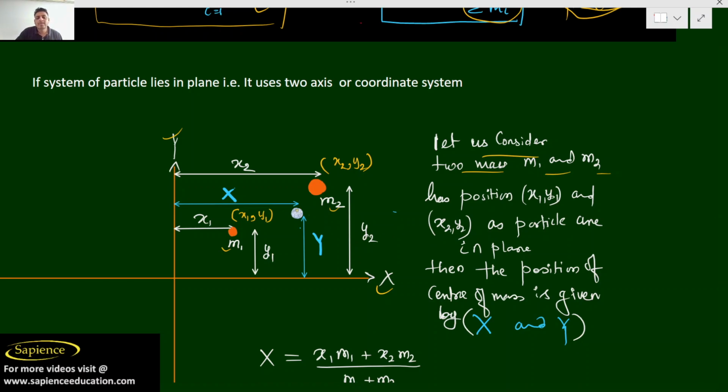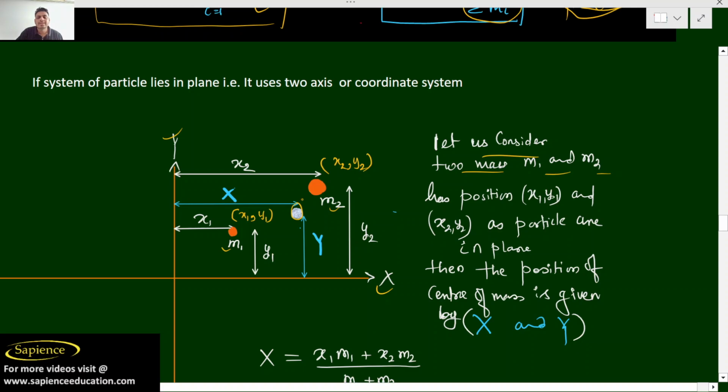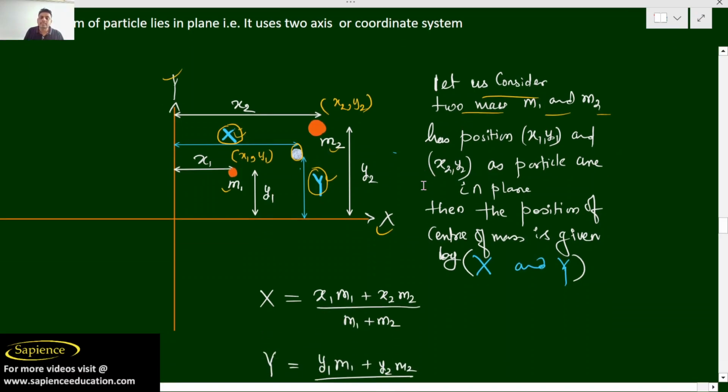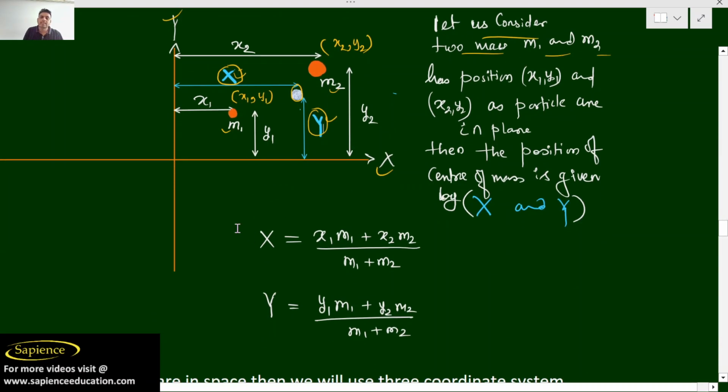These are the two positions of the particles. Let us consider there will be a center of mass at this point. We don't know, we have just assumed. Let x be the x coordinate of this center of mass and y the y coordinate. We basically need to find the position of the center of mass, so we need x as well as y, because it is in a plane, which means we are using the x as well as the y axis.